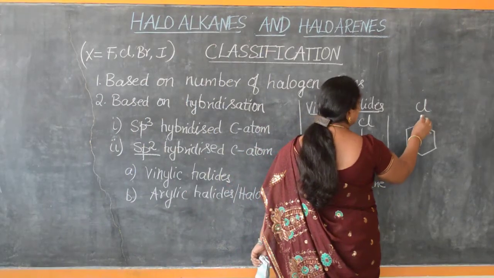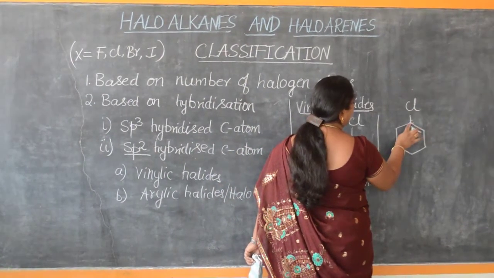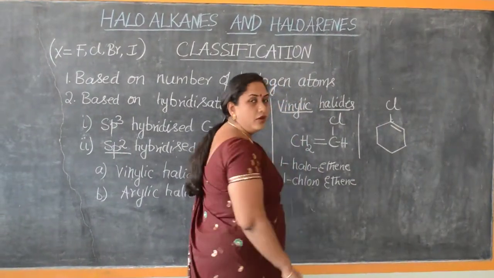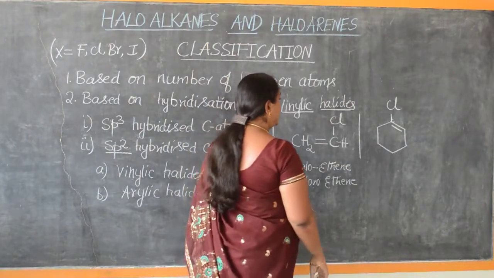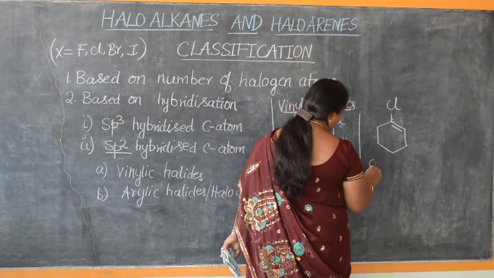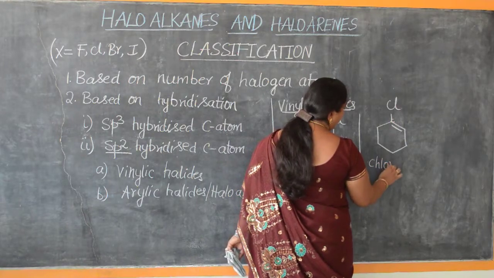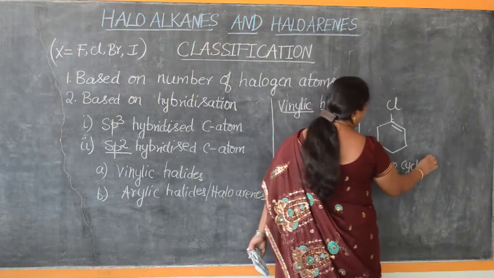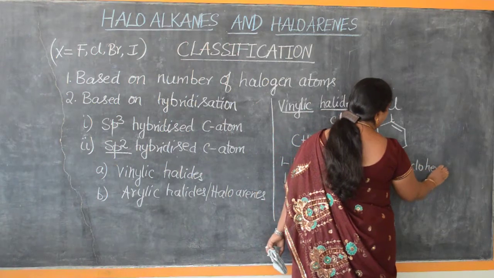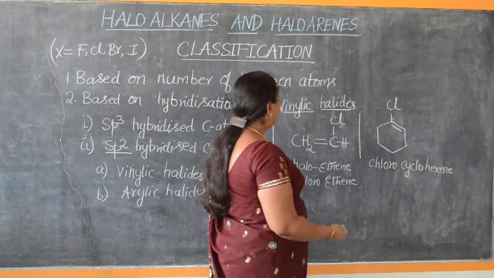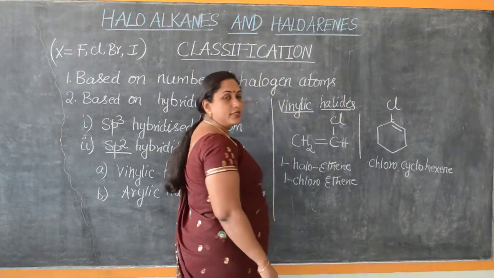This chlorine is attached to the carbon atom involved in the double bond, and this carbon atom would have undergone sp2 hybridization. Therefore, the name of this compound is chlorocyclohexene.